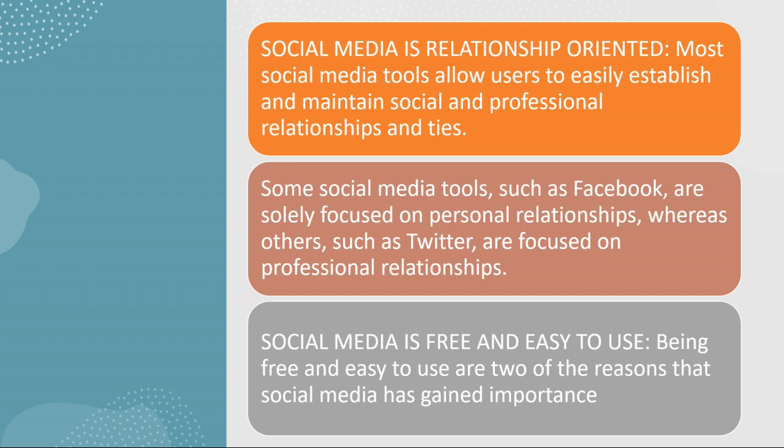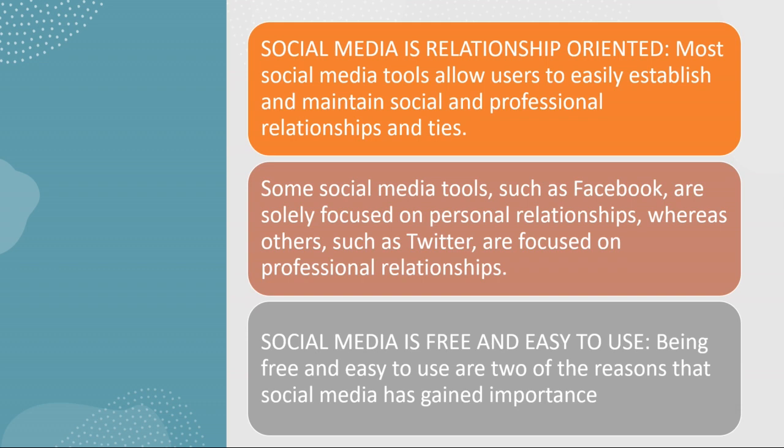Some social media tools such as Facebook are solely focused on personal relationships, whereas other platforms such as Twitter are based on professional relationships. So we have even our Instagram, where we can actually get connected to our friends as well as our families, whereas LinkedIn is a professional network.